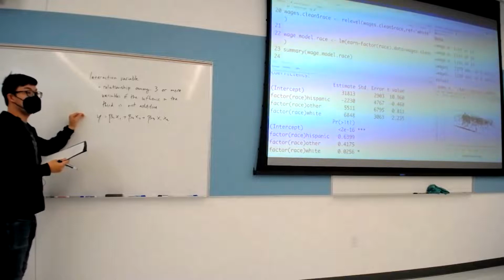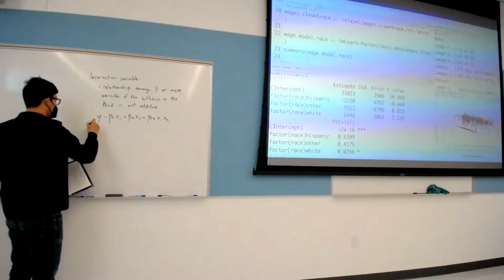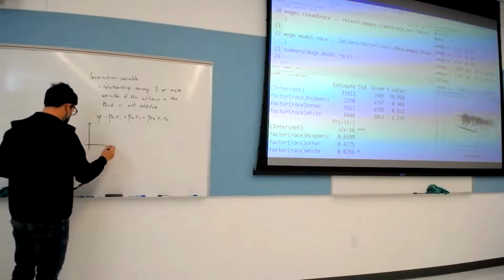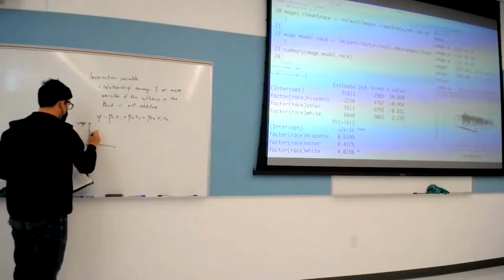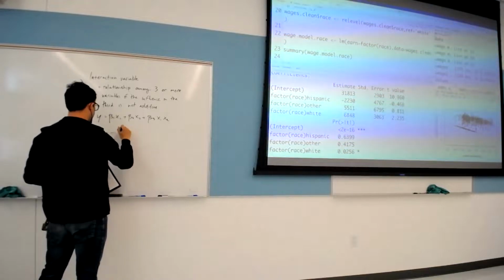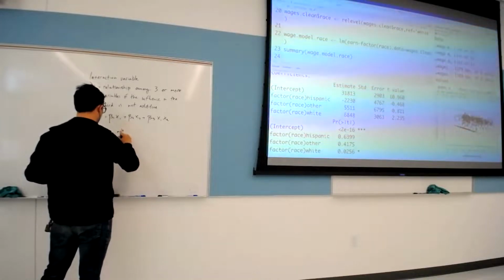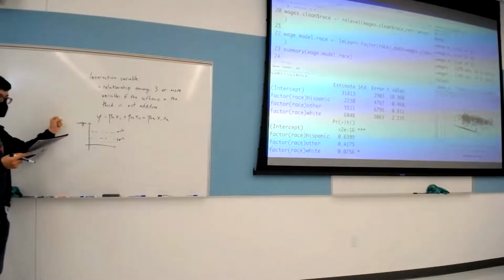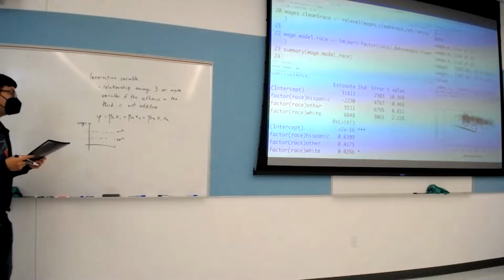Okay, let's look at this in the context of our wages example. So we have something like this. Wage. We ran our regression with wages looking at differences between males and females.